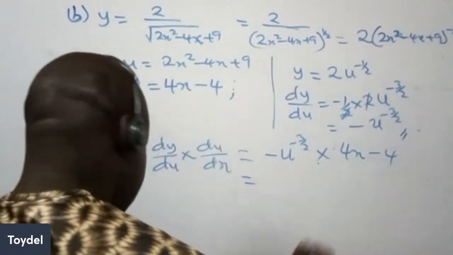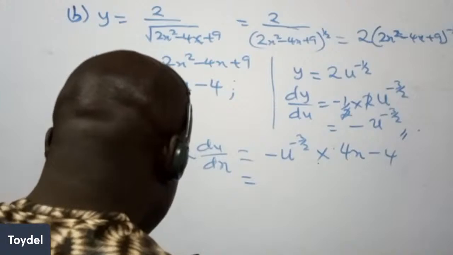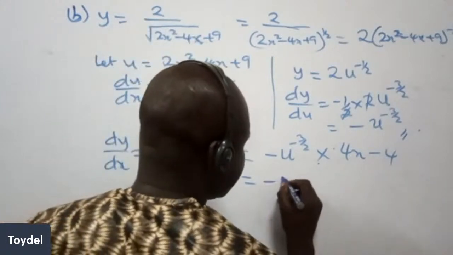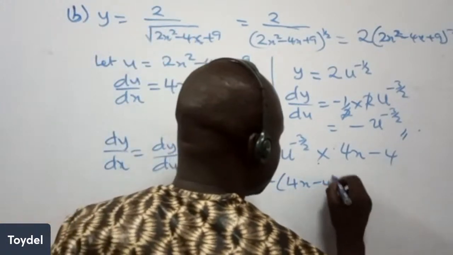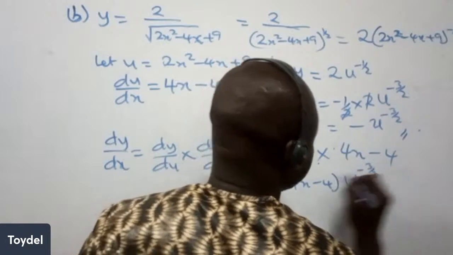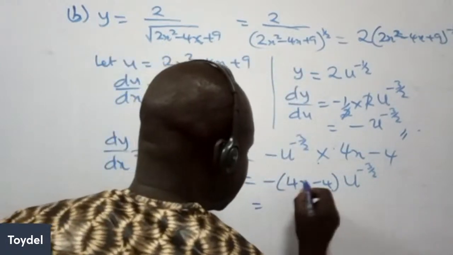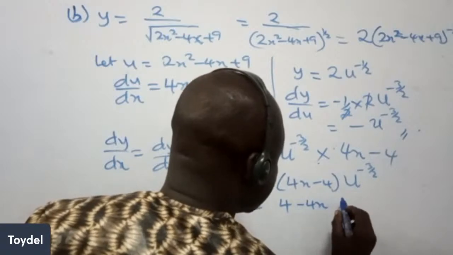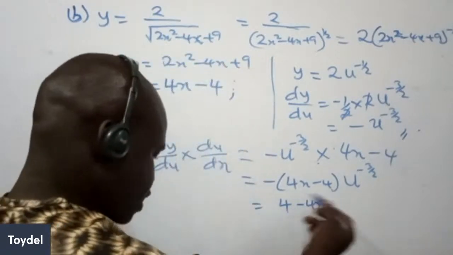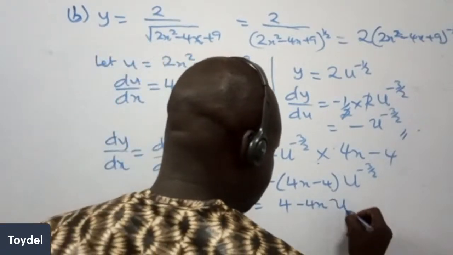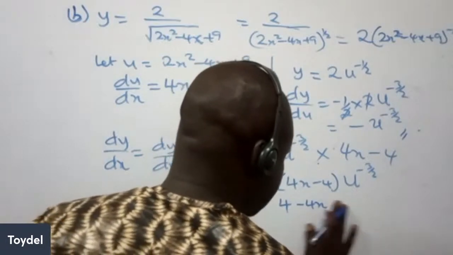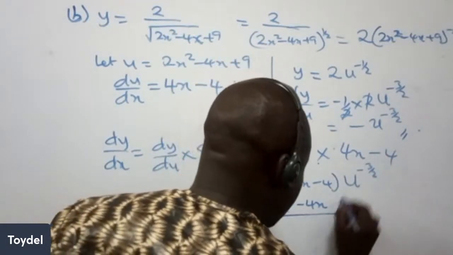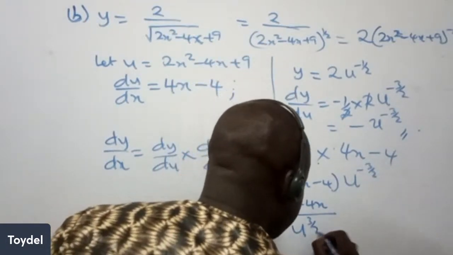So if I decide to multiply here, I'm going to have minus into bracket 4x minus 4, u raised by minus 3 over 2. And this is the same thing as I can change this to 4 minus 4x into bracket u raised by minus 3 over 2, which can come down, so I will have u raised by 3 over 2 in the denominator.